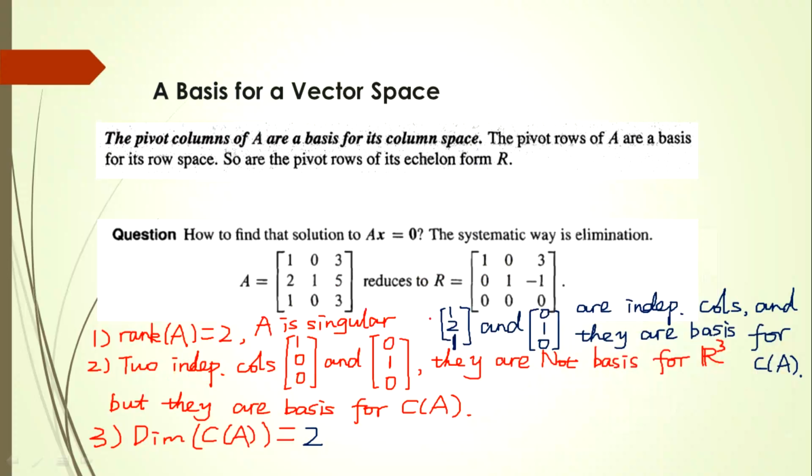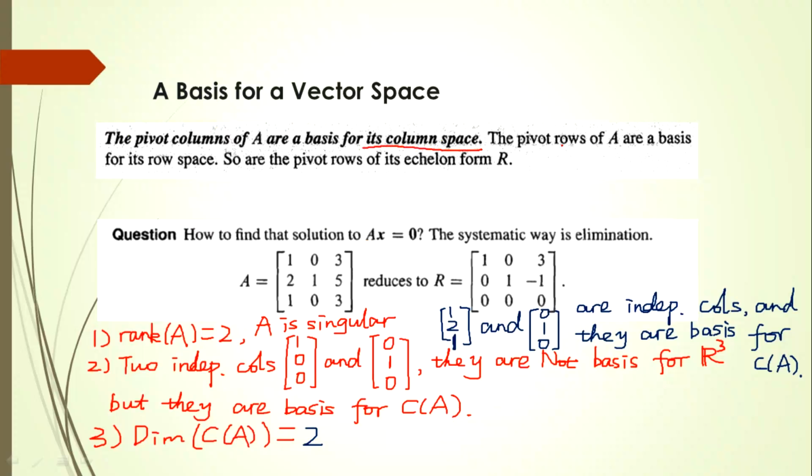They are not a basis for R3, but they are a basis, and especially 1 0 0 and 0 1 0 are the standard basis for the column space of A. And we know the dimension of the column space of matrix A is 2. So that is what we said here. The pivot columns of A are a basis for its column space. So be careful, for its column space.